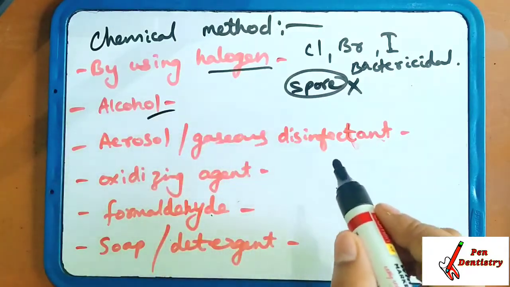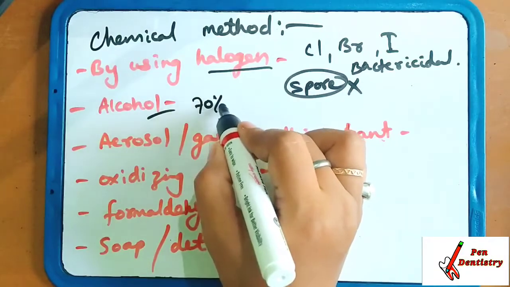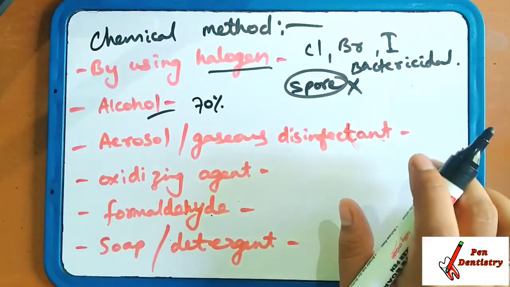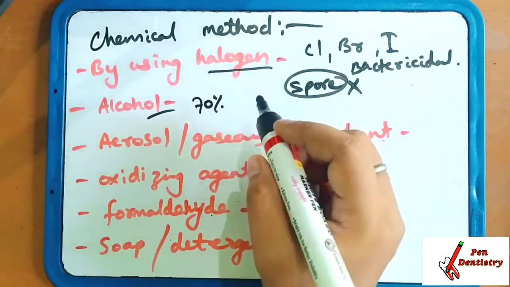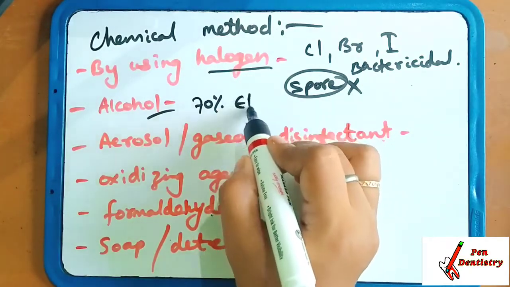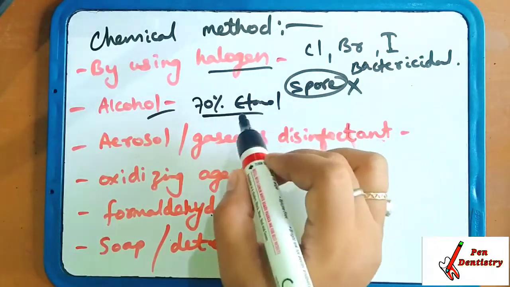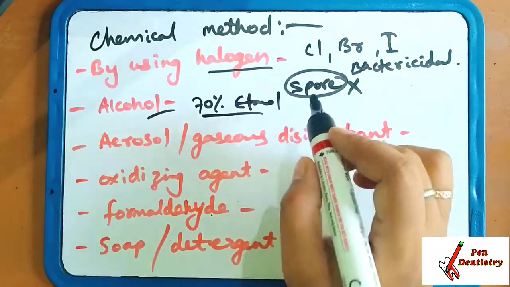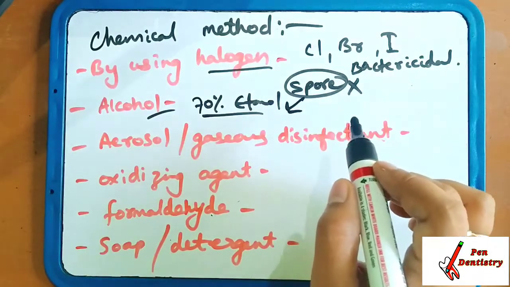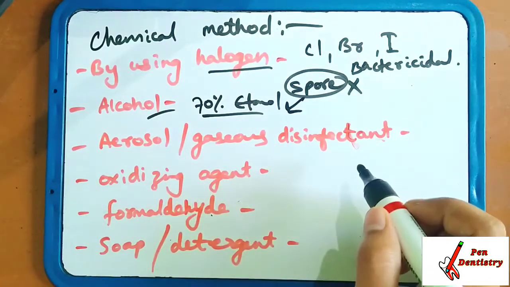Alcohol: 70% ethanol. Now we are using sanitizers, which contain 70% ethanol concentration for sterilizing. But again, it does not kill the spores. It only kills the vegetative bacteria, fungi and viruses. What is aerosol?